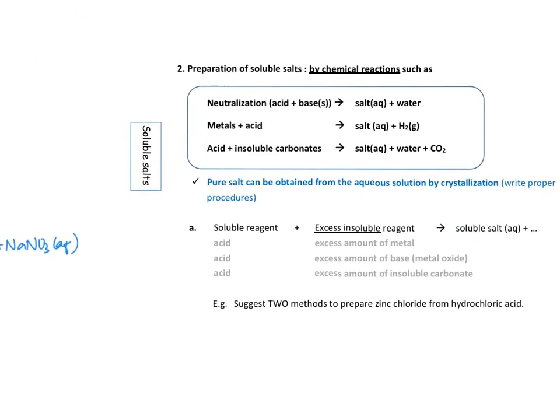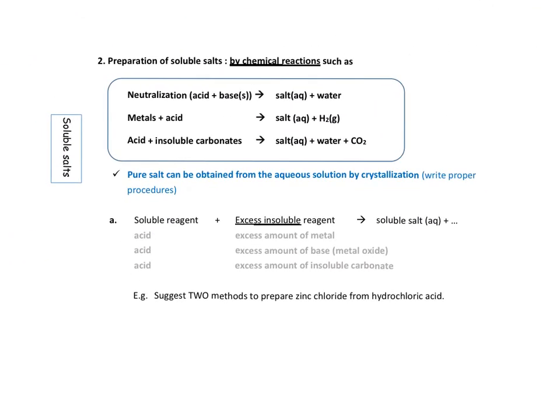Now what should we do if we need to prepare a soluble salt? Then we cannot use precipitation. Precipitation is used to make an insoluble salt. To make a soluble salt, we use a neutralization reaction, or an acid-metal reaction, or an acid-carbonate reaction.